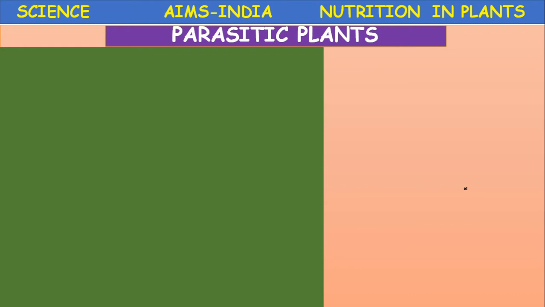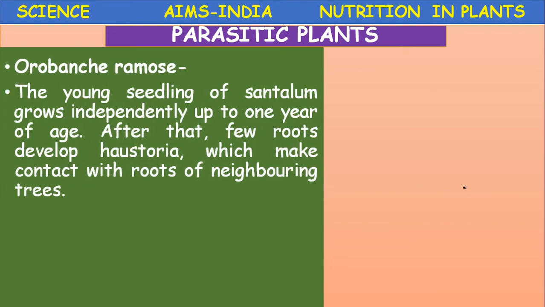Next, another parasitic plant is Orobanche ramosa. Okay, Orobanche ramosa is another parasitic plant. The young seedlings of Santalum grow independently up to one year of age.